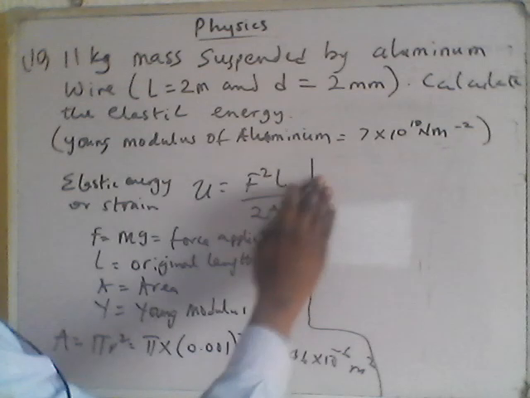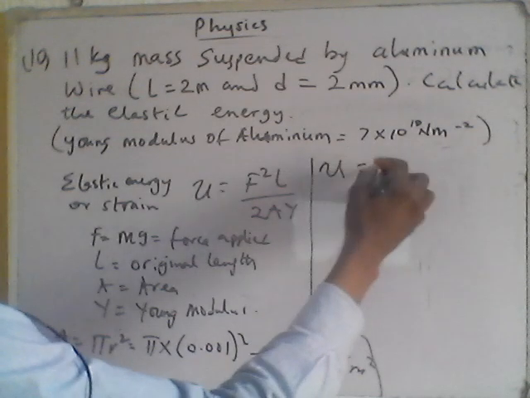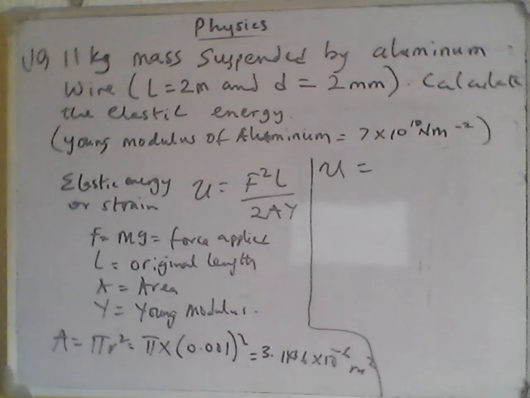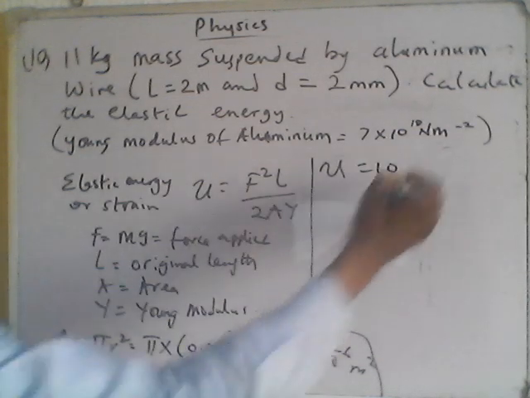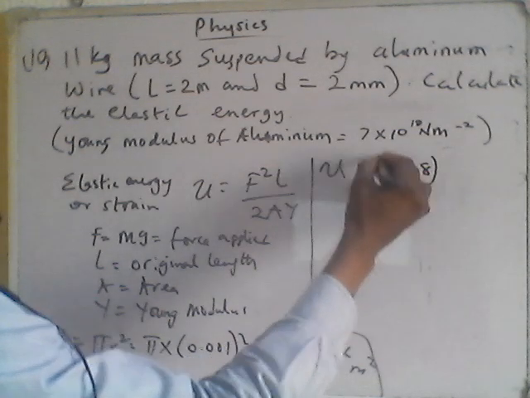Strain energy, U, not mu, is equal to, the force is actually the 11 kg times 9.8. To change that to force, 11 kg times 9.8 gives me 107.8. Squared.